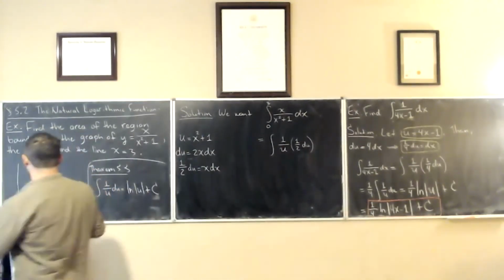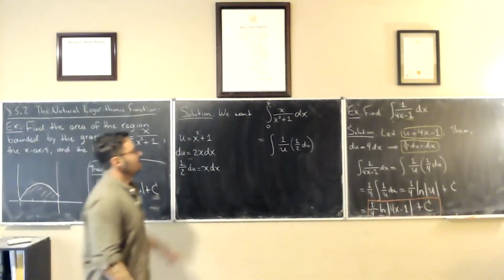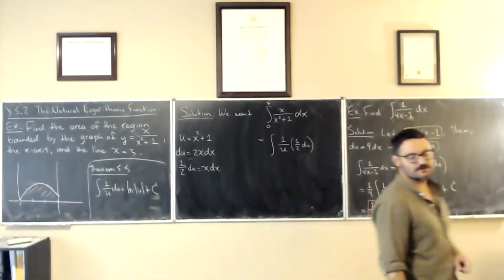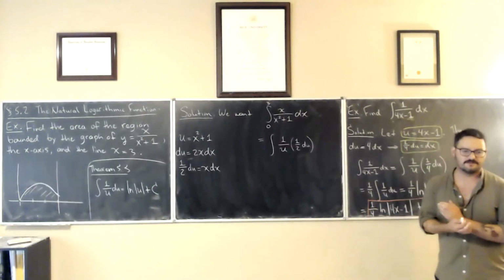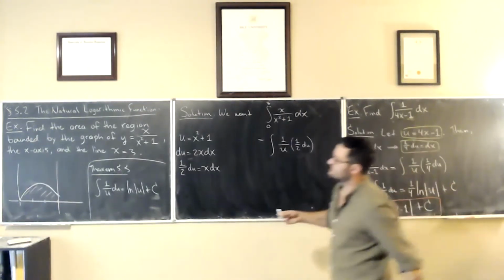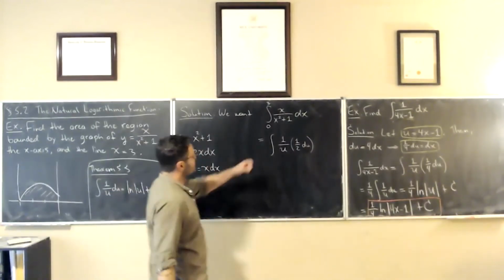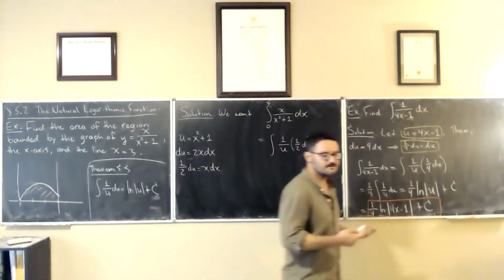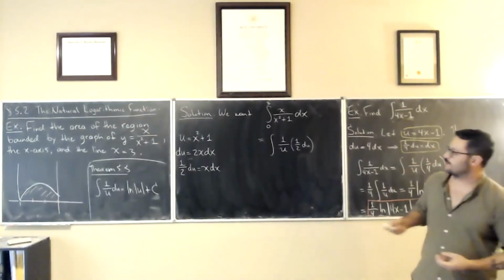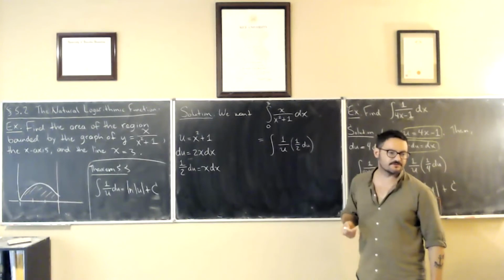But something's different now. These limits of integration were in terms of x, not u, right? But u is a function of x. So when x is 0, what is u? When x is 3, what is u? So we have to update these limits of integration.